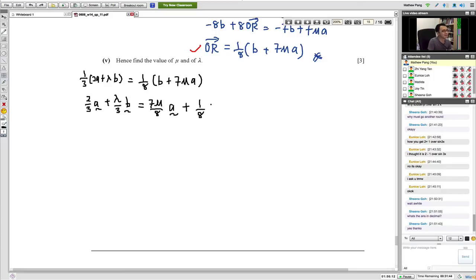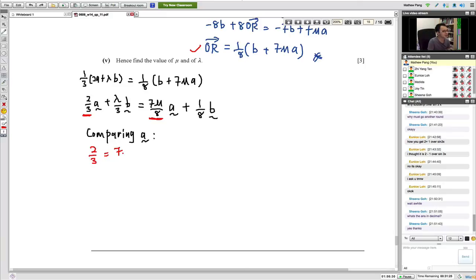Okay, then I compare a. Whenever I say comparing a, I mean I compare the value in front of a, the coefficient of a. So I will have 2/3 equals 7 mu over 8.